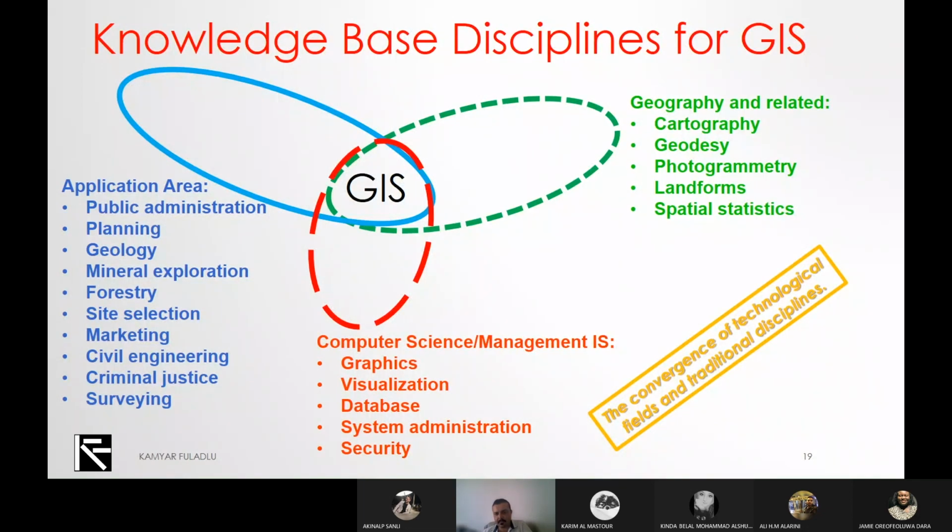These are the different disciplines that have a common point in GIS. All these people can work at one point under the GIS umbrella.